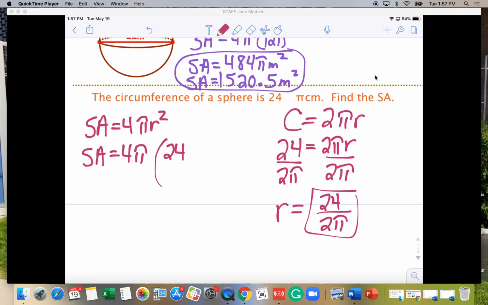So 24 over 2 pi, squared. So the surface area, you can bring that through. You're going to take 24 divided by 2 divided by pi, square it, and then multiply it by 4 pi.